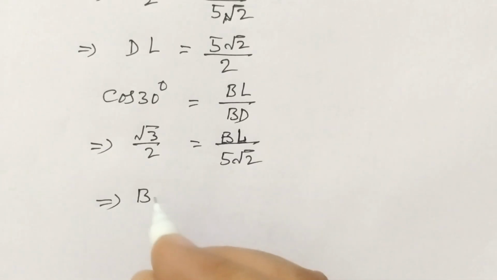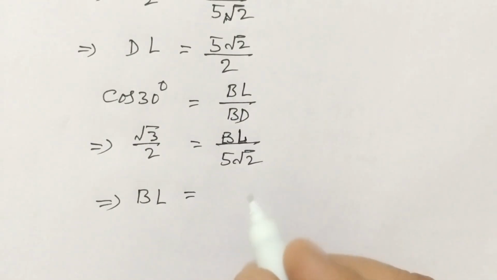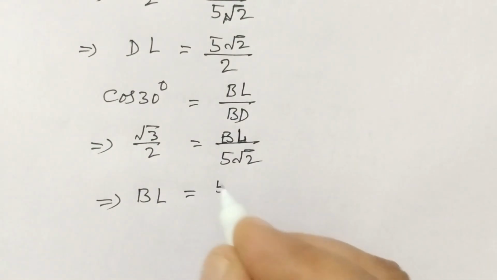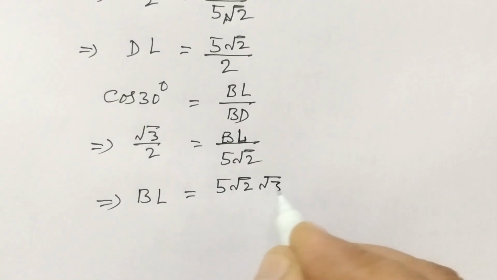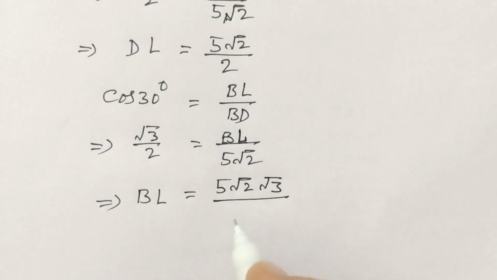So BL is equal to 5 square root of 2 into square root of 3 over 2.